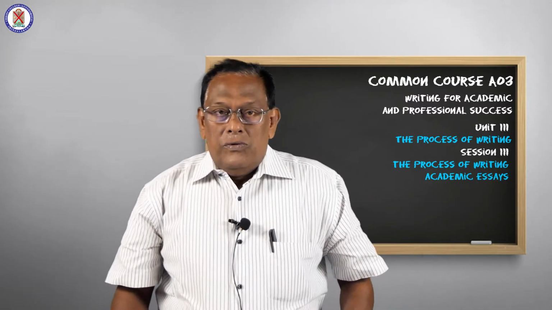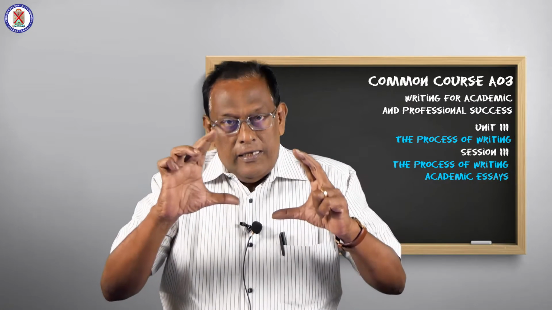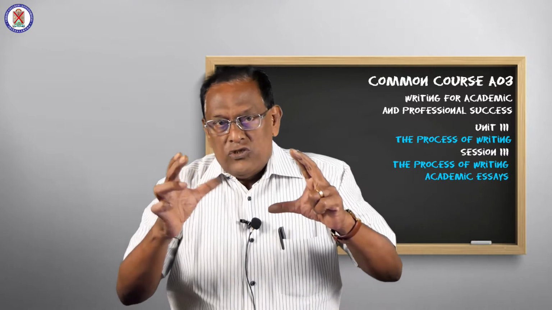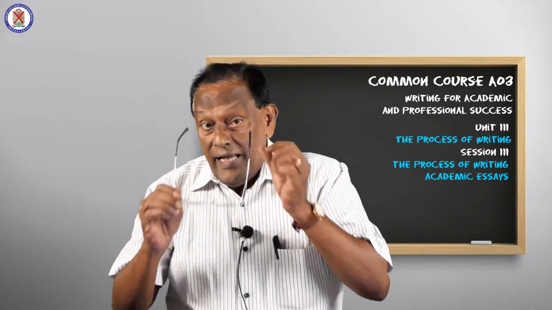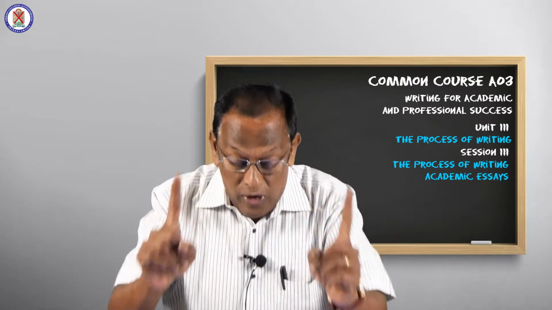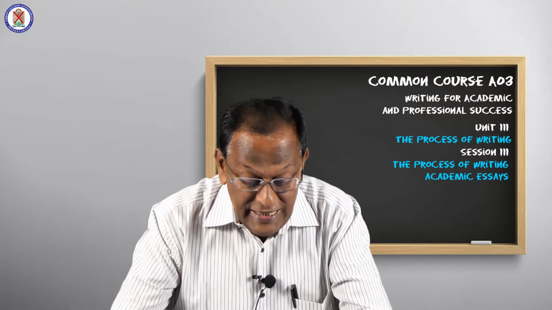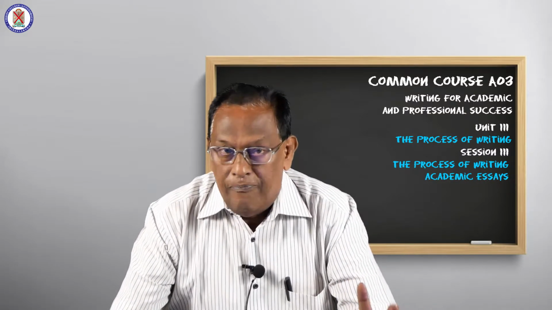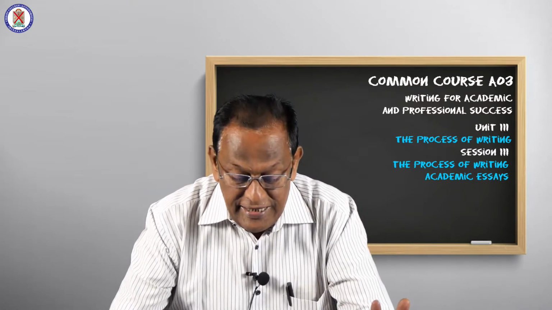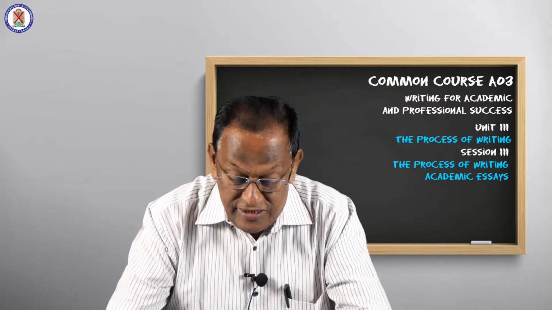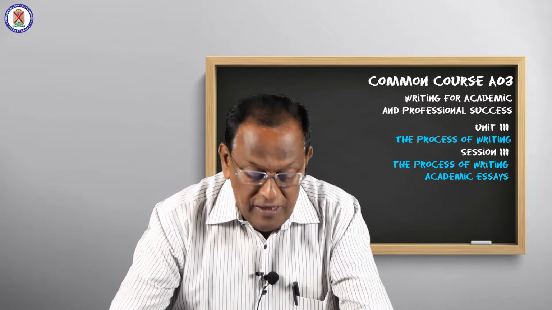Now, a body paragraph usually consists of three kinds of sentences. Number one, it presents the main idea of the paragraph. Number two, it contains supporting sentences or substantiation that elaborates the topic.